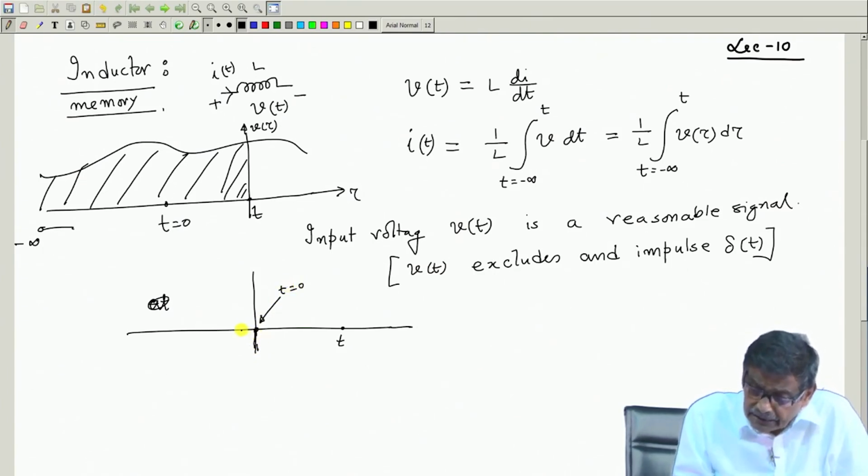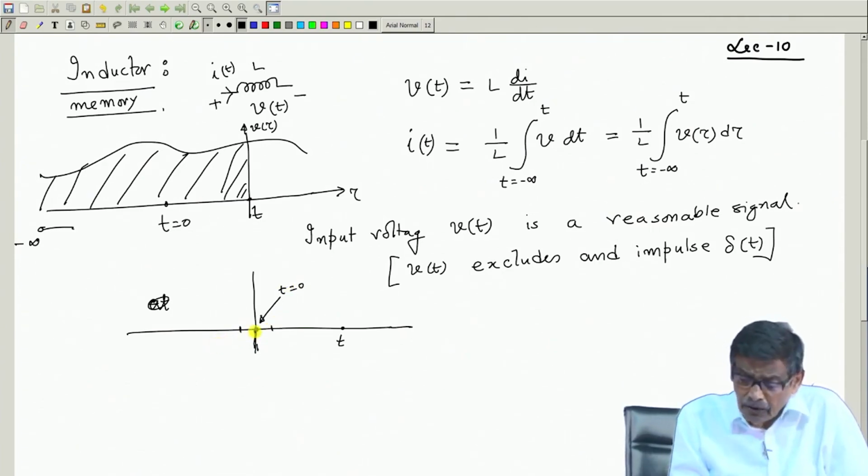Now, you take 2 times here, one left to t equal to 0, which is lesser than t equal to 0 by a very small amount, maybe 10 to the power minus 32, whatever way you think.